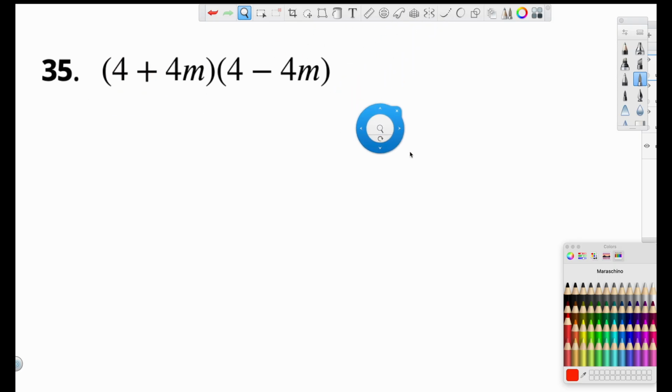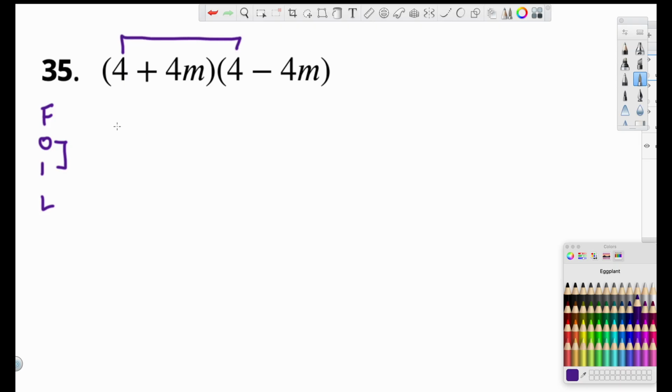Here's another conjugate pair. What happens with a conjugate pair is the middle terms of the FOIL, the O and the I terms, these two terms will cancel each other out. There'll be a plus a term and a minus a term. And so really all we have to do is the first terms, so this would be 4 times 4, and then the last terms, 4m squared, and it'll always be the difference.